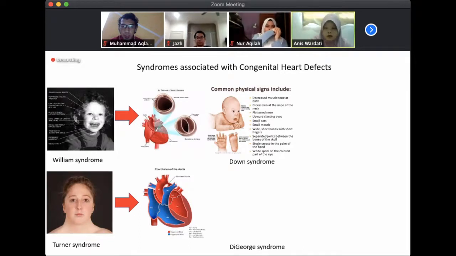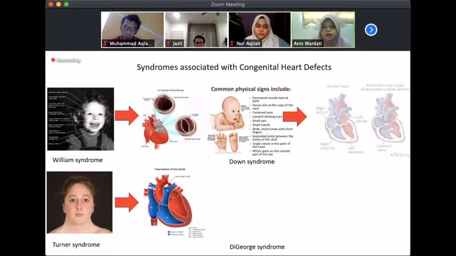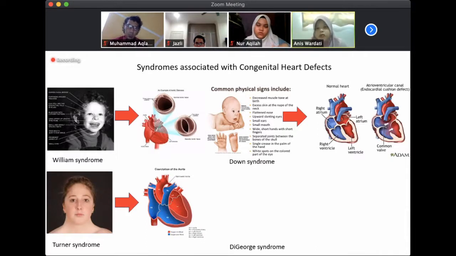So in Down syndrome, as you can see in the slide, there can be decreased muscle tone at birth, usually hypotonia. For the abnormalities of the face, they can have a round face, and at the back of the head there will be a flat occiput.